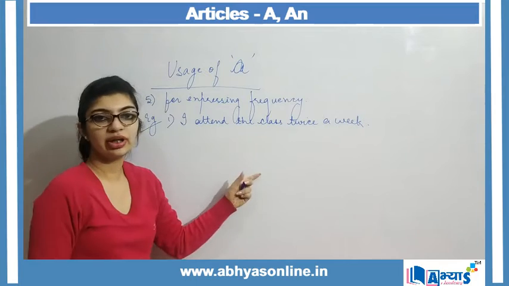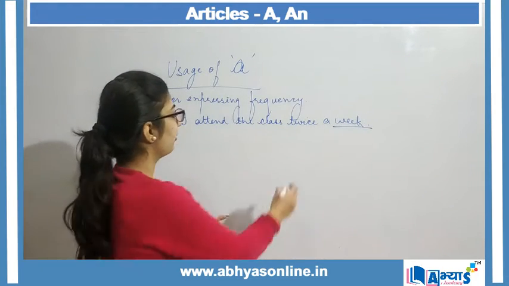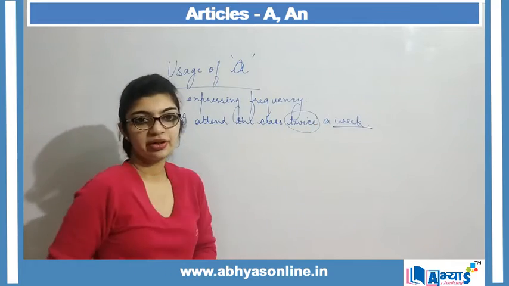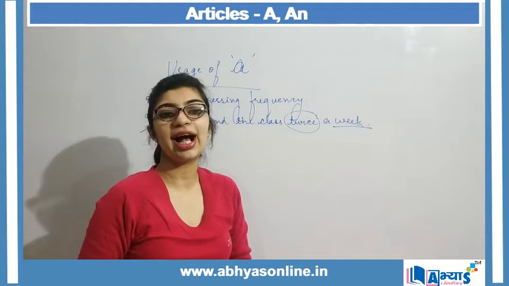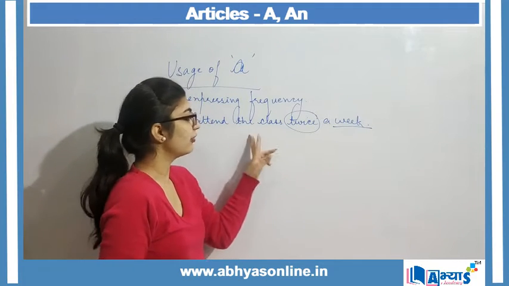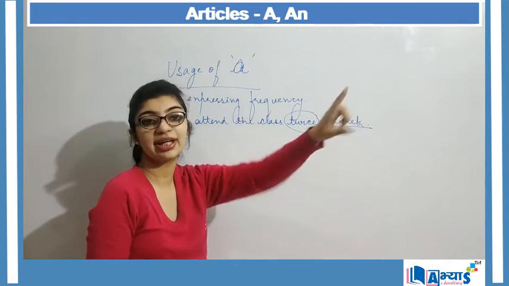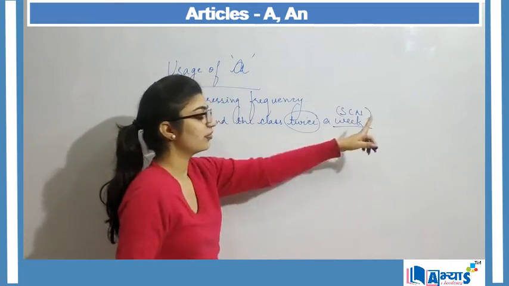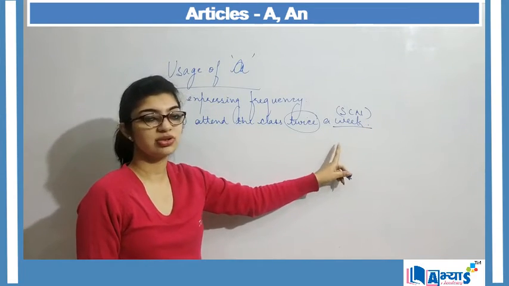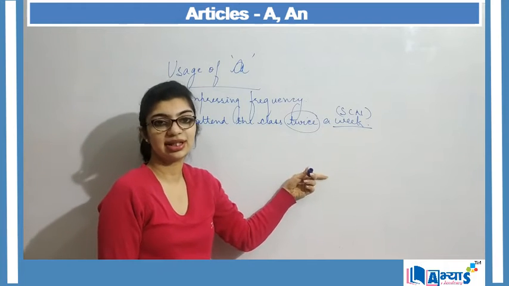Here I am talking about a week, but then I am talking about the frequency, right? Twice a week is the frequency, how frequently I attend the class. A week is again over here a singular countable noun. So before a singular countable noun, we make use of a, but here I am determining the expression of frequency.